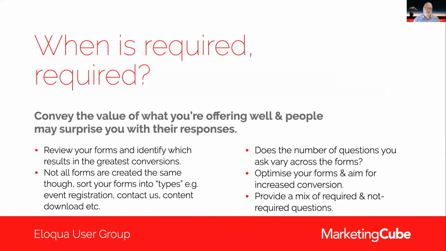Then to make it a little bit more intelligent, as those leads came into Eloqua and the information was sent to the person that they had requested, Eloqua was able to identify that there was no mobile phone number. And so the email that went out, from the specific account owner that owned that real estate property, said, look, here's the information you've asked for. Hopefully it's helpful.